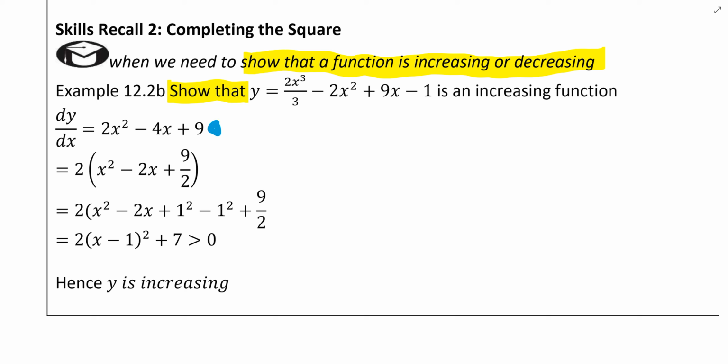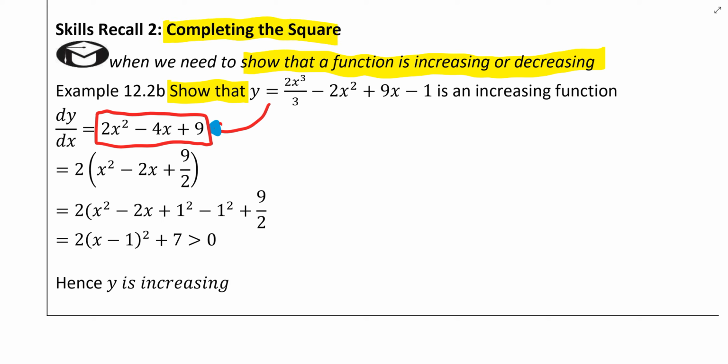Let me use a red pen. Now how do I show that a polynomial, or rather a quadratic function, is greater than 0? It's a bit like showing that this equation has real and distinct roots, like showing the b squared minus 4ac. We've got to use completing the square. That's where I put it down here.